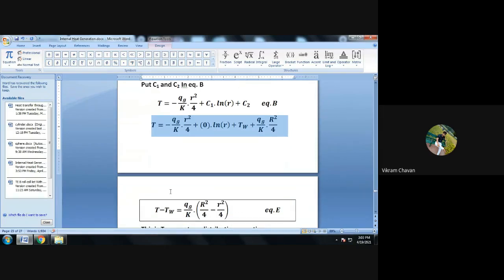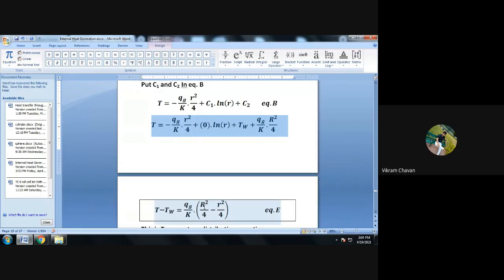So we'll get the temperature distribution equation as, if you transfer this Tw to this side, T minus Tw is equal to, and if you take Qg divided by K common from the remaining two terms, then in the bracket it will remain as capital R square divided by 4 minus small r square divided by 4.